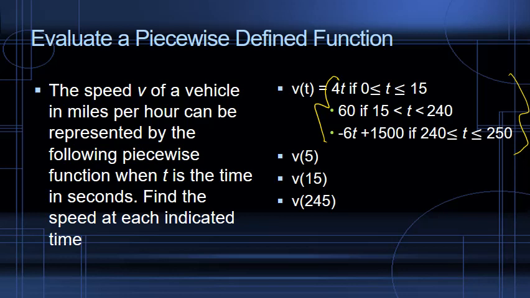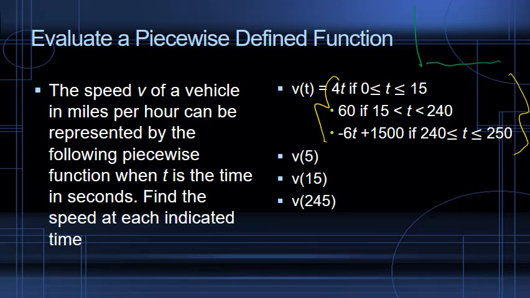The speed v of a vehicle in miles per hour can be represented by the following piecewise function. When t is the time in seconds, find the speed at each indicated time. So if we're viewing this, let's say, on a graph, the y-axis would be our measure of speed, and the x-axis is our measure of time in seconds.